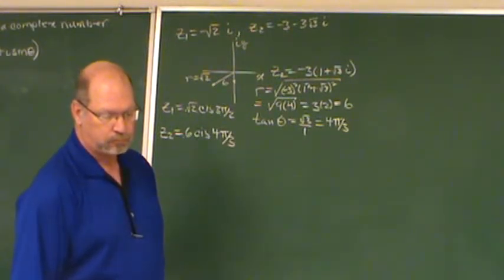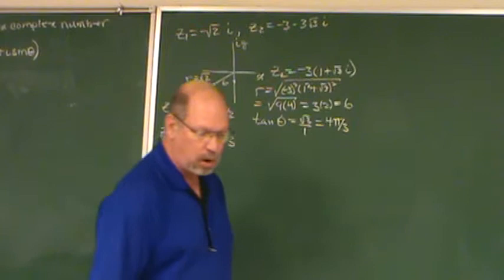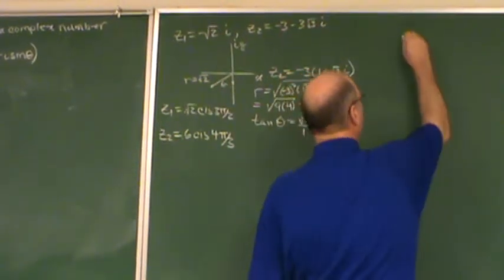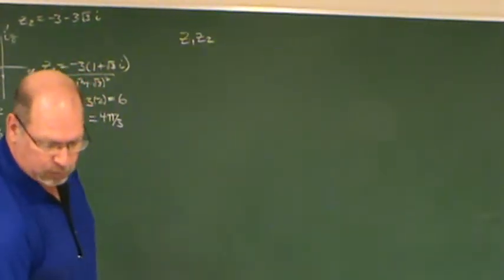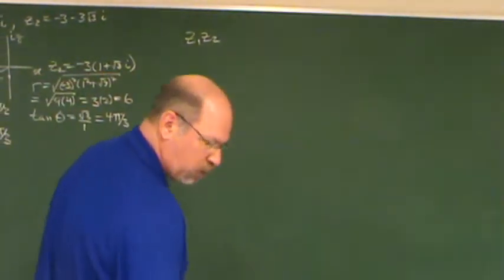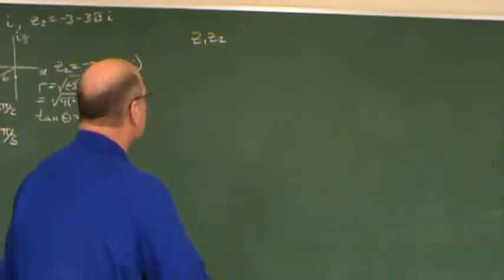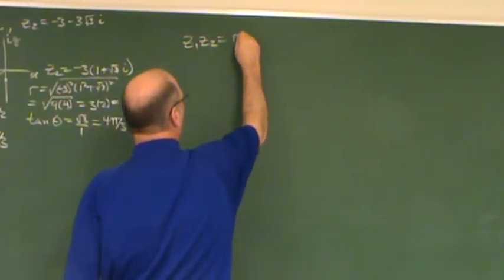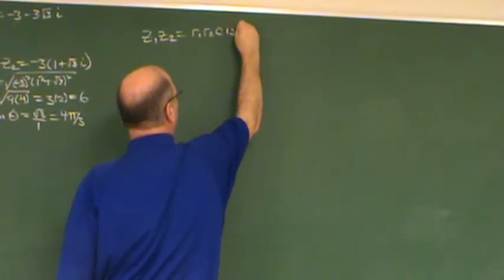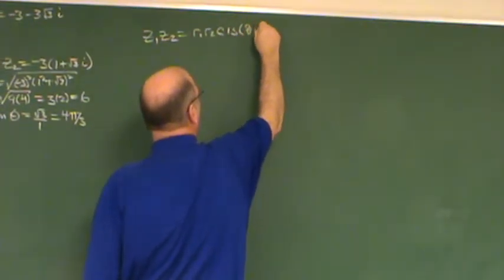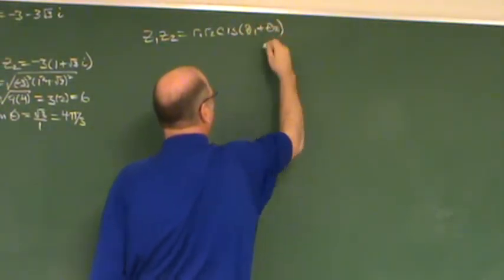All right. Now, next, I want to talk about z1 times z2. And there, if you remember, De Moivre's theorem says this is r1 times r2, and in my shorthand, cis theta 1 plus theta 2.